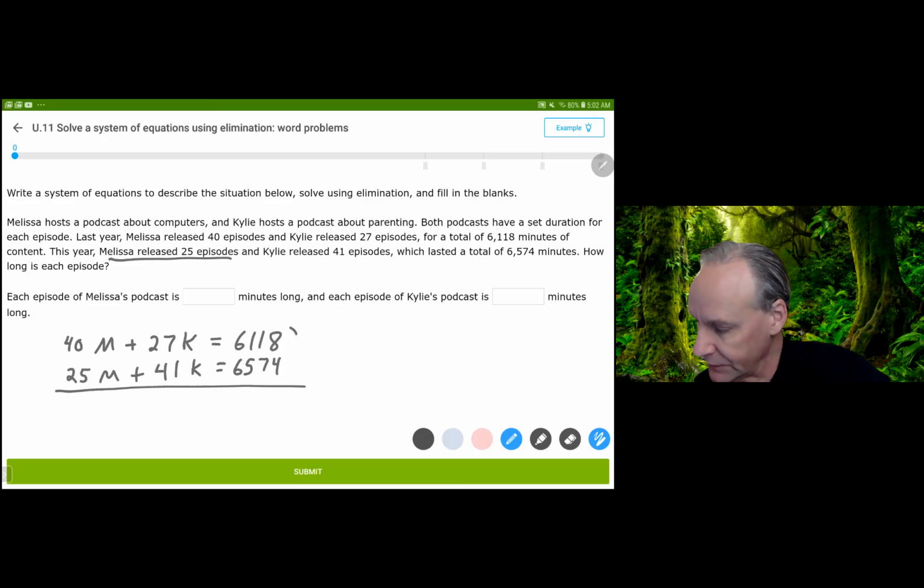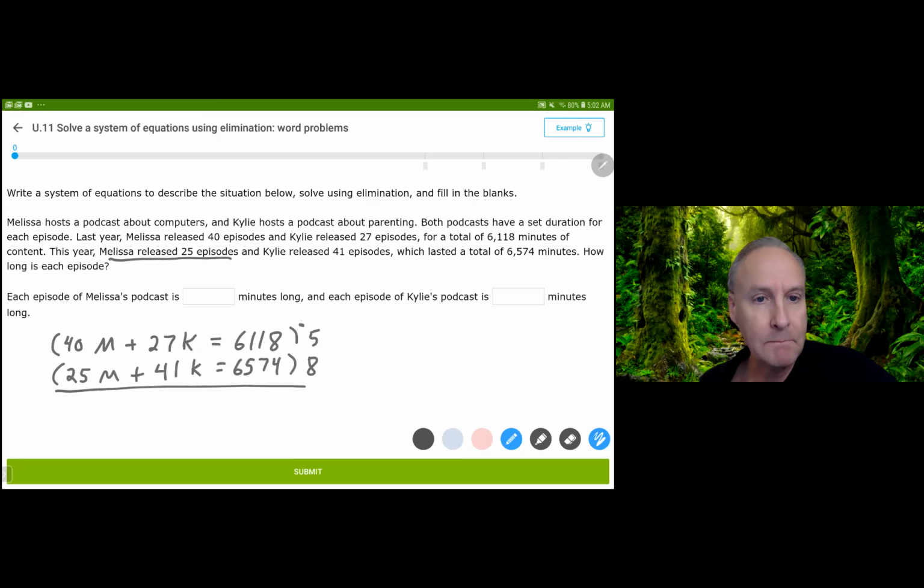And so I'm going to multiply the 40 times 5 and the 25 times 8, or negative 8 rather. Let's see, probably do this one as the negative 5 so I get negatives. The reason I'm going to multiply the top by negative 5 is that since this number, the 6118, is the smaller one, it'll give me a negative.